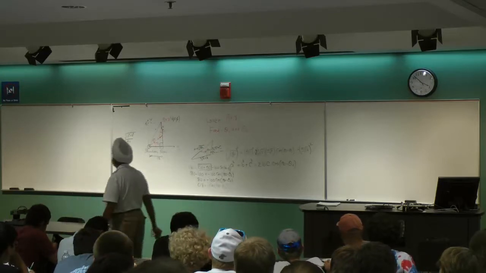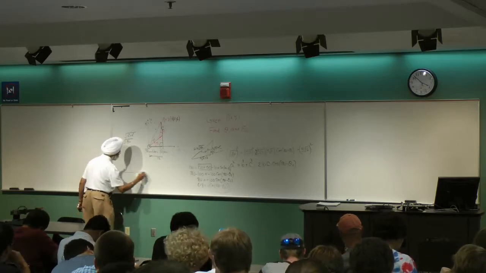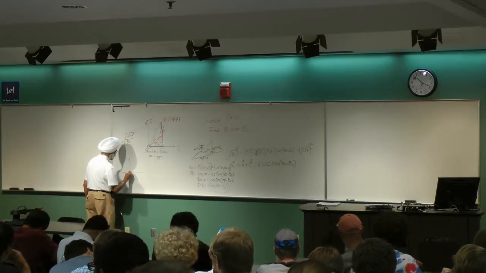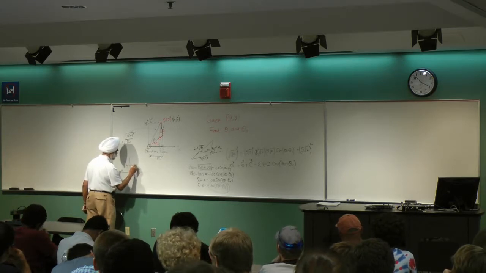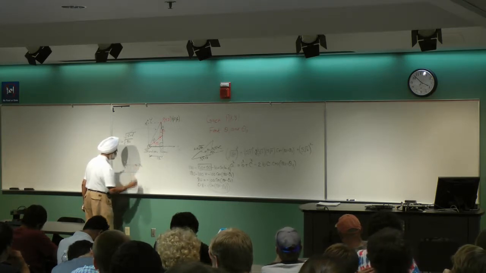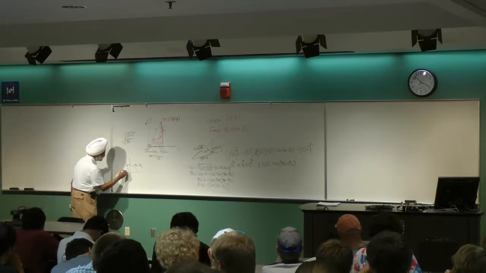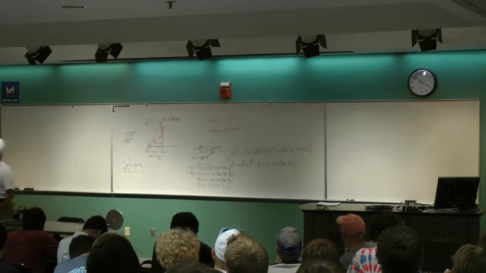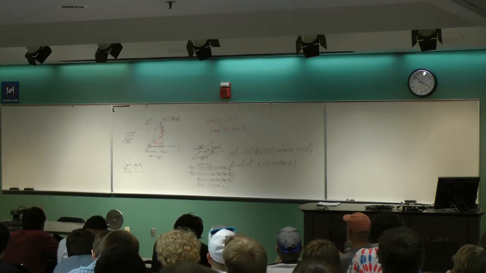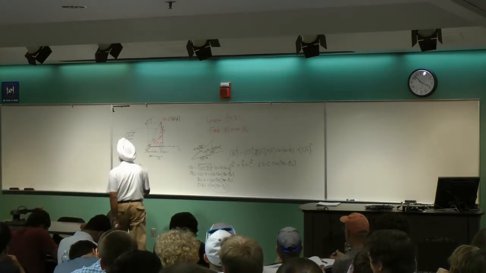So let's look at what we have here. We say this is 180 minus theta 2, so this will be theta 2. What is the relation of cosine here?